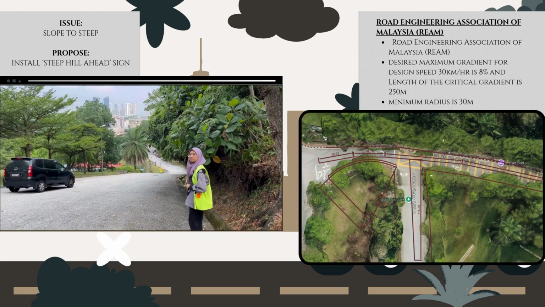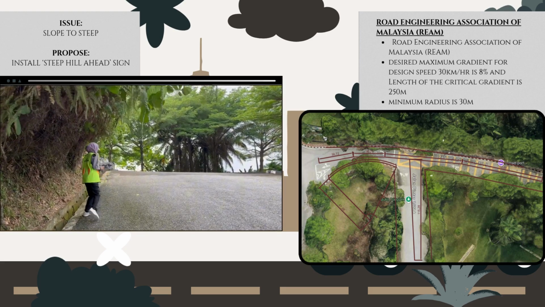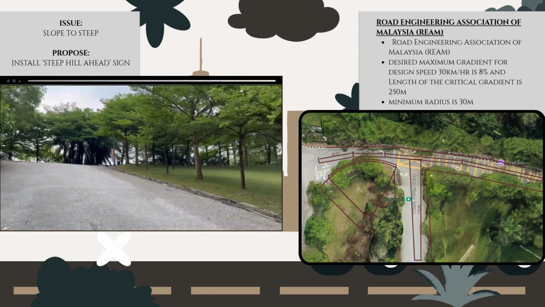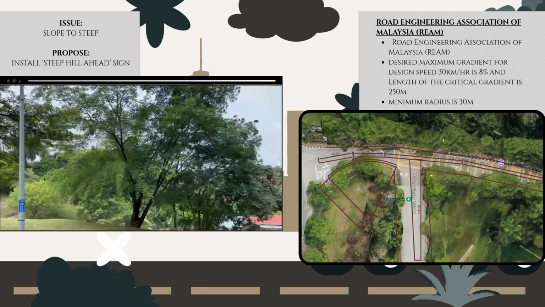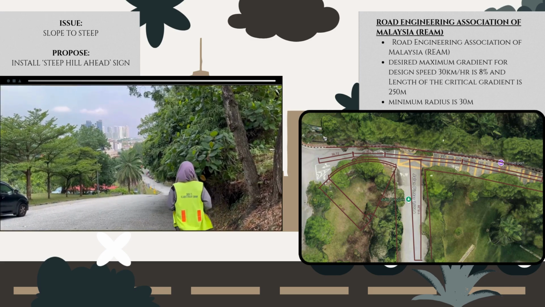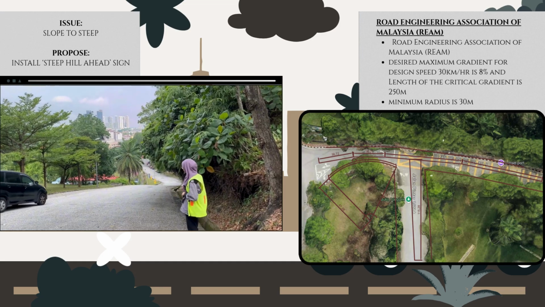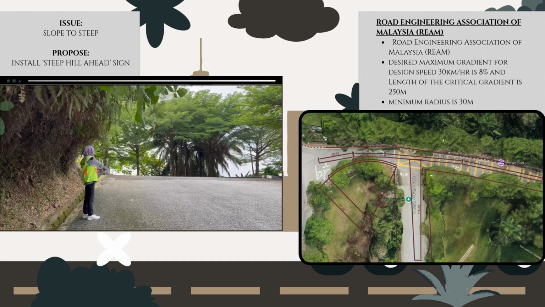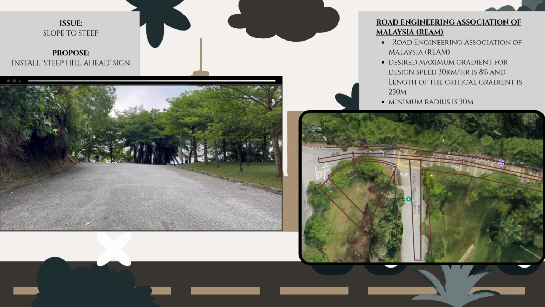According to Road Engineering Association of Malaysia, REAM, the desired maximum gradient for design speed 30 km per hour is 8% and the length of the critical gradient is 250, with the minimum radius at 30 meter. For the proposed solution, we recommend to install a steep hill ahead sign, to ensure all road users are alert to the condition.